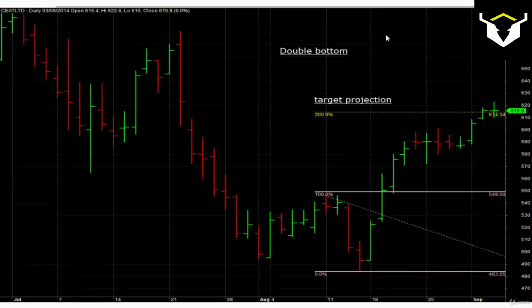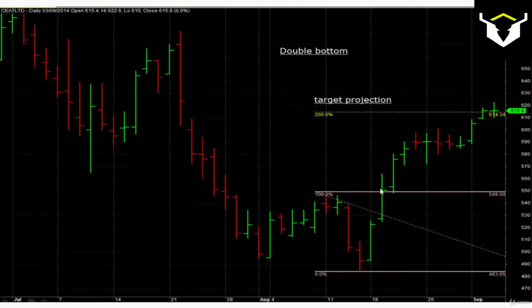Following is a daily chart of CAT Limited, and we saw a double bottom was formed at the level of 500. The level of 500 acted as a support and prices bounced off from this point and broke above the middle trough, broke above the middle peak. A close above the peak suggested that the double bottom pattern is complete.